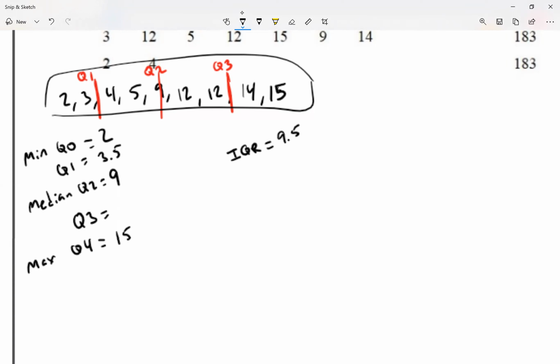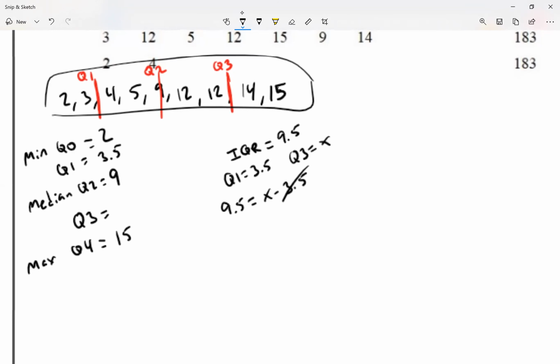Figure it out. Now, interquartile range, you know it's quarter 3 minus quarter 1. We know that quarter 1 is 3.5. Quarter 3, we don't know, so let me call it x. So I'm just going to say 9.5, it's equal to x minus 3.5, right? Interquartile range is quarter 3 minus quarter 1.